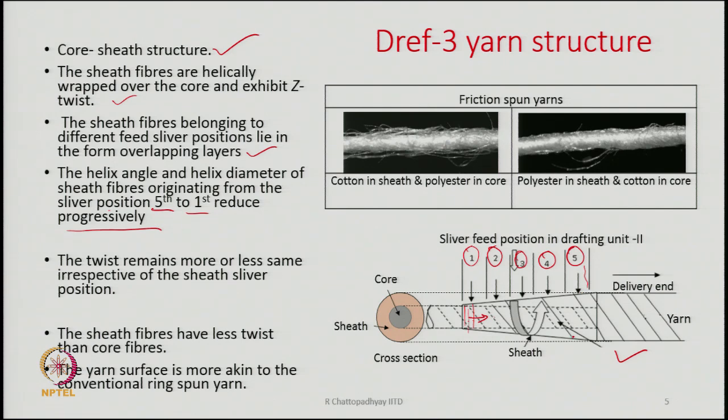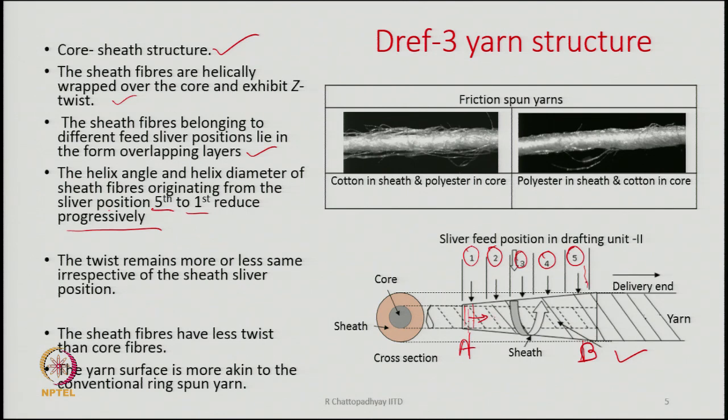And we can expect also that this diameter is rotating at a slower speed than the diameter here. If this is A, this is B, the friction drum surface speed is fixed, constant. So, when it comes to diameter B, the diameter is larger, so rotational speed will be less, whereas at diameter A rotational speed will be more.